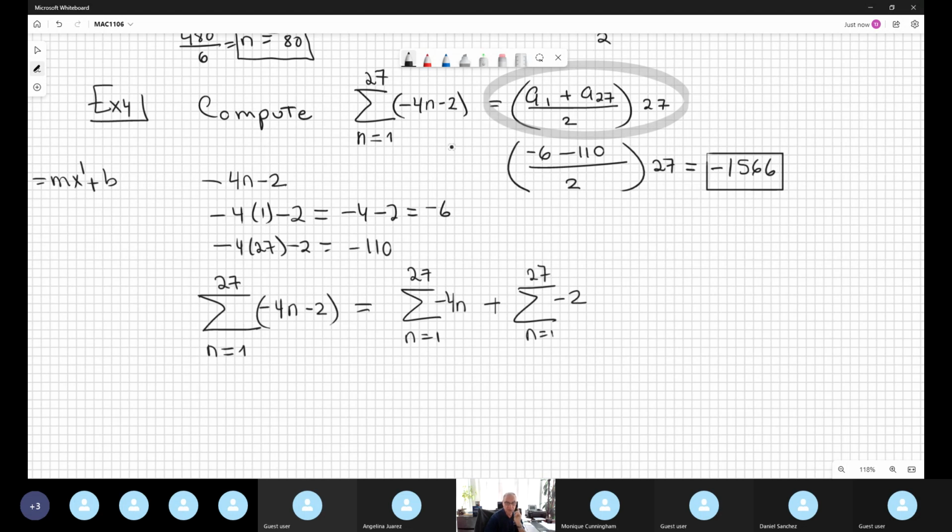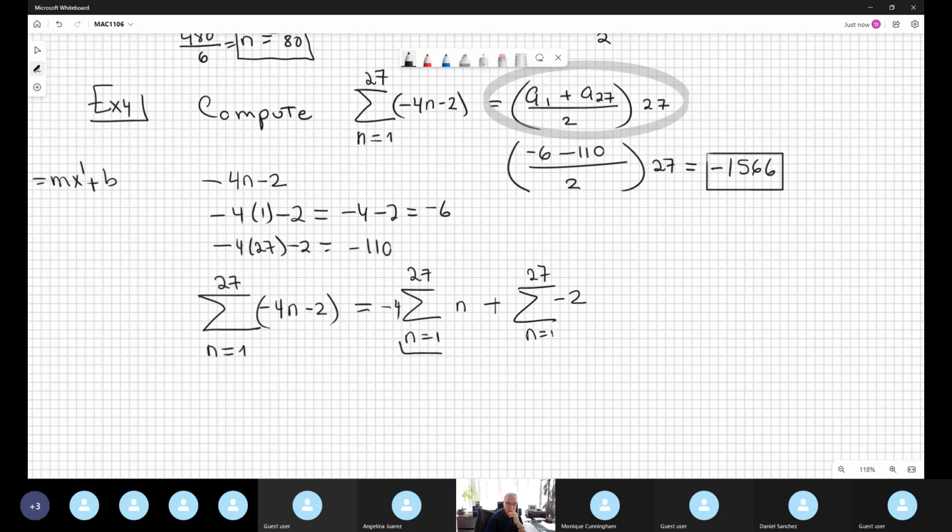This property is super important. It's property number 2. It's linear. If you have a summation for a binomial or trinomial, you separate it into 3 or 4. In this case, binomial 2. One more thing: the 4, since it's a constant, you factor out of the summation.